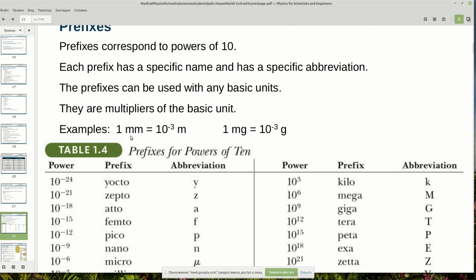Examples: 1 millimeter equals 1 multiplied by 10, here the 1 disappeared somewhere, yes, to have an easier way to write the explanation, 10 to the power of minus 3 meter. 1 milligram, yes, is 10 to the power of minus 3 gram.